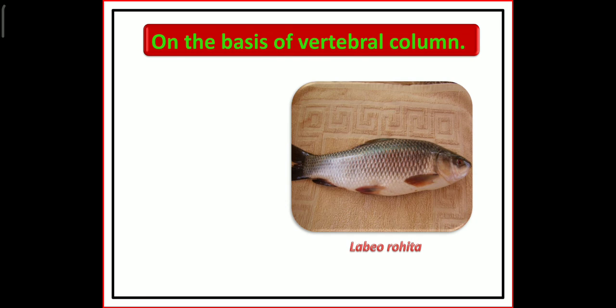On the basis of the vertebral column, vertebrate means the notochord is actually replaced by the bony structure, vertebrae, during the adult stage. For example, Labiorota is one of the examples of a vertebrate animal.